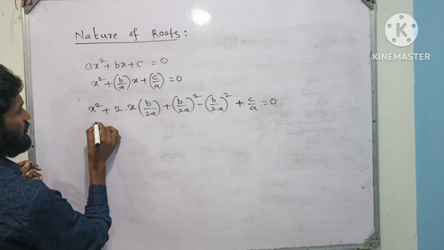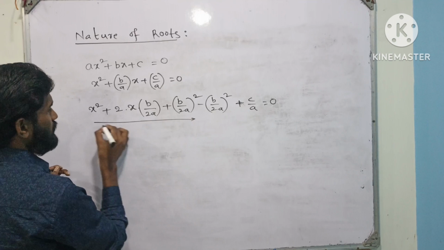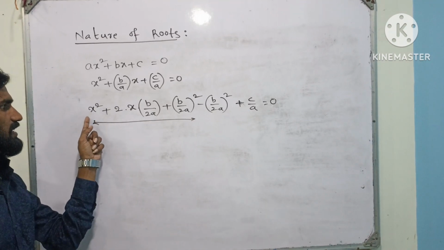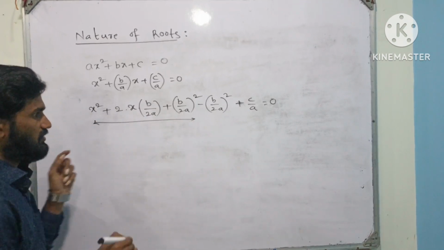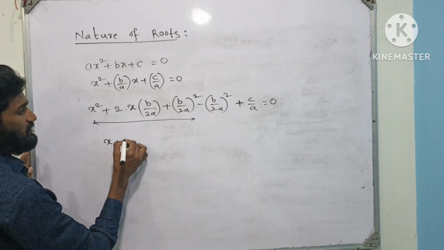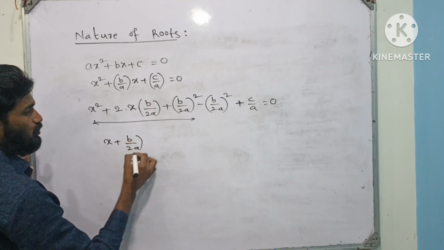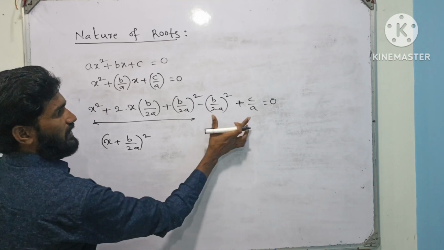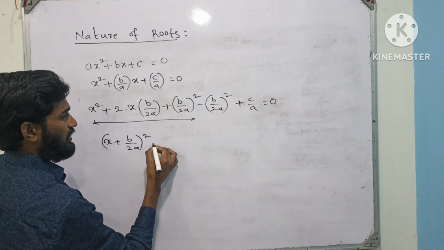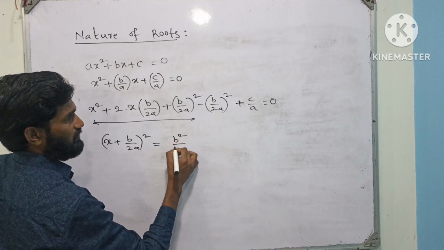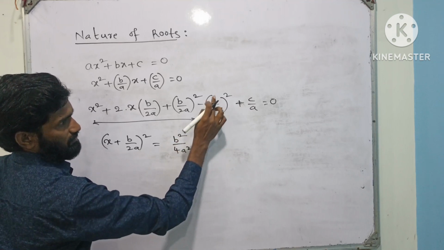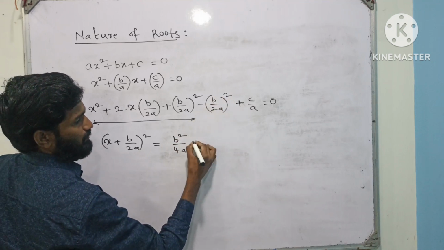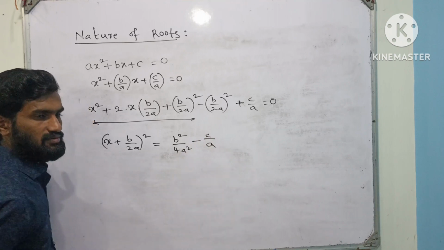If you observe from here to here, it is a plus b whole square only. Means x plus b by 2a whole square. Now send these two to that side. What will happen? b square by 4a square minus c by a.